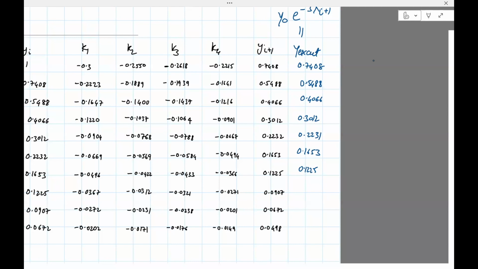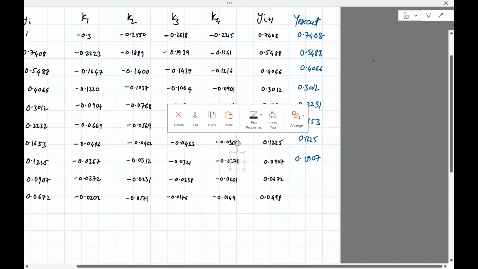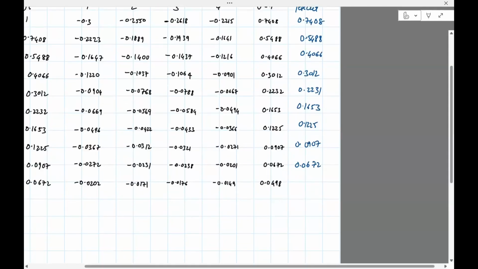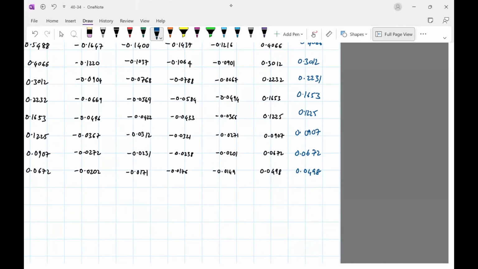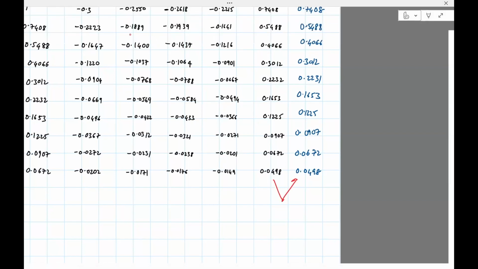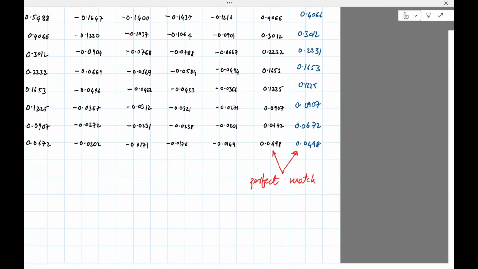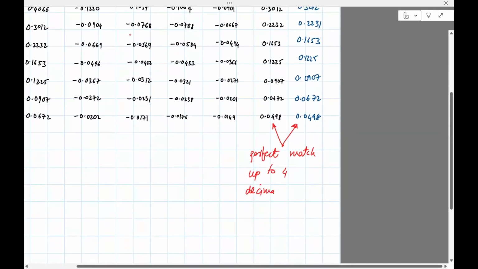It's almost like I'm copying that column down, but that's what you get if you put in the formula. 0.0907. Here it's slightly off. 0.0672. Oh, it's the same one. And then 0.04. So we have a perfect match up to 4 decimal places.